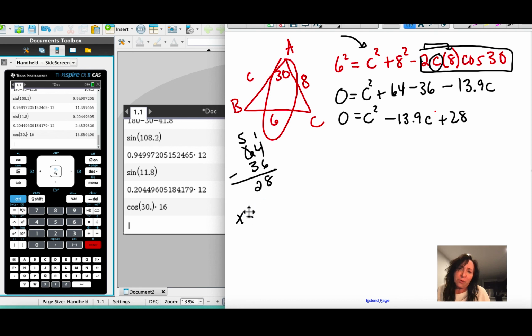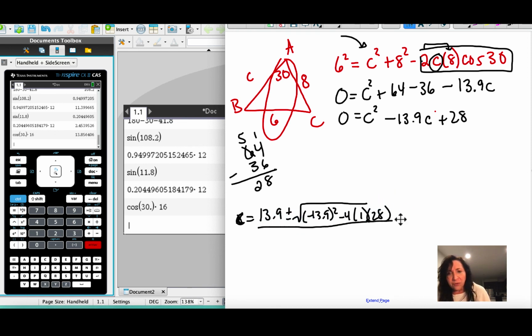So c is equal to the opposite of this value, 13.9, plus or minus the square root of b squared, negative 13.9 squared, minus 4 times a, which is 1, in front of the c squared, times 28, all over 2 times the value in front of c squared. Okay, so use your calculator, no problem.